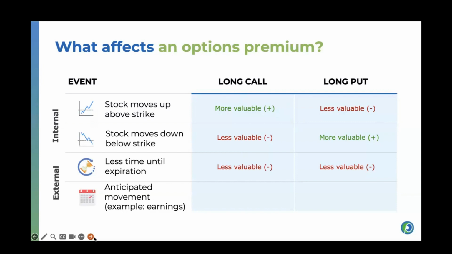And if there's an anticipated movement, for example, earnings, that actually makes the long call and the long put more valuable. Think about earnings. It's a specified date, and the example is earnings. These are economic events, even news that's expected.